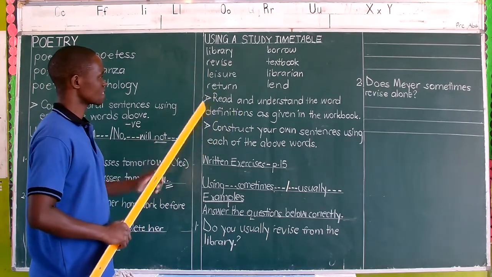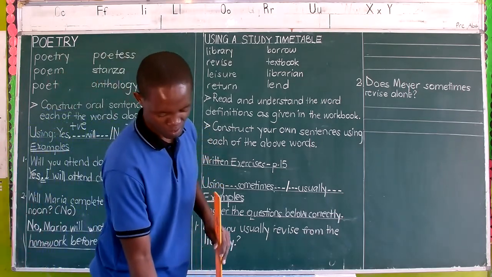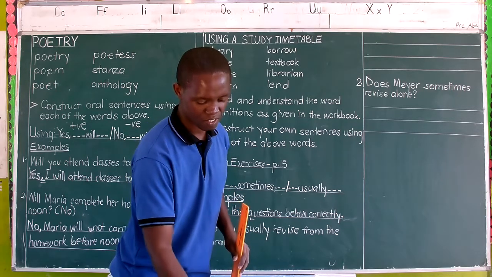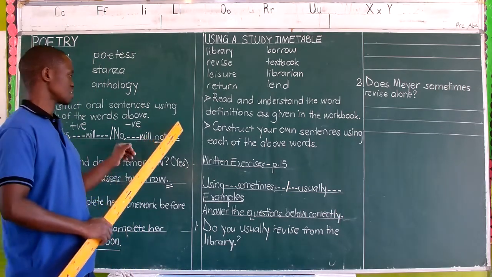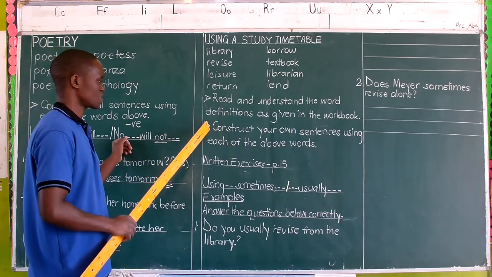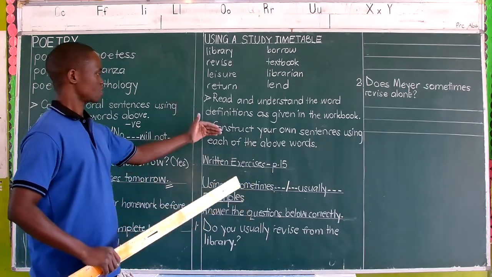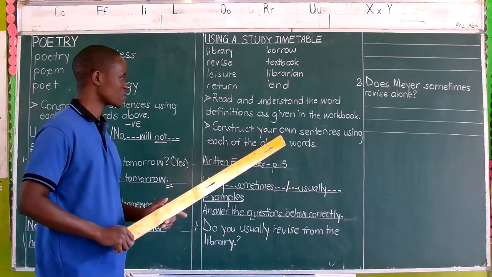Read and understand the word definitions as given in the workbook. Yes, definitions are given in the workbook, just like it is done in other new words that we cover. We give you the definitions, we give you the answer, the sentences you can construct using those very words. Then those are our sentences. On the chalkboard, the teacher is telling you to construct your own sentences using each of the above words.